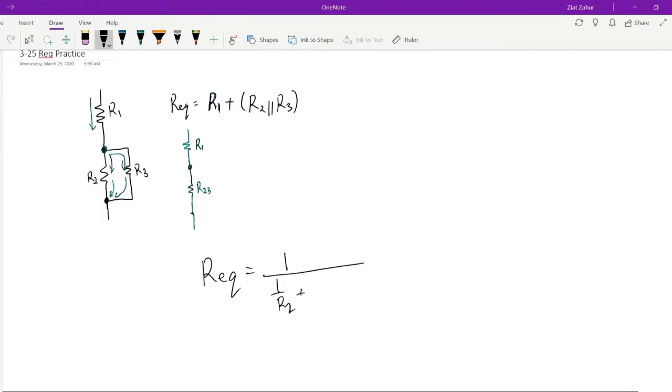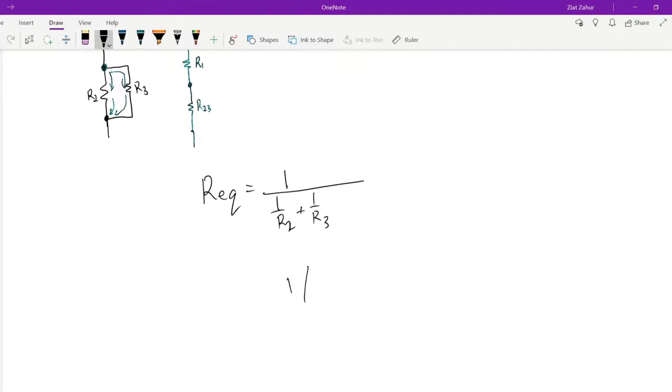Okay, so it's the reciprocal of reciprocals added together. So you would write 1 slash parentheses 1 slash R2 plus 1 slash R3 close parentheses, and then plus R1.